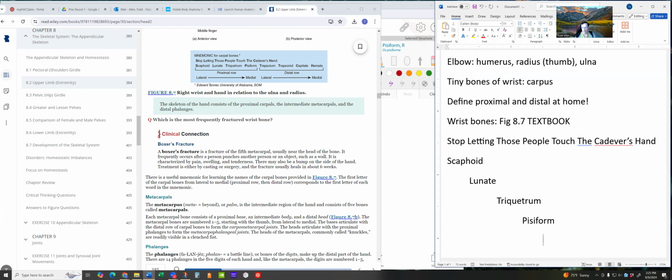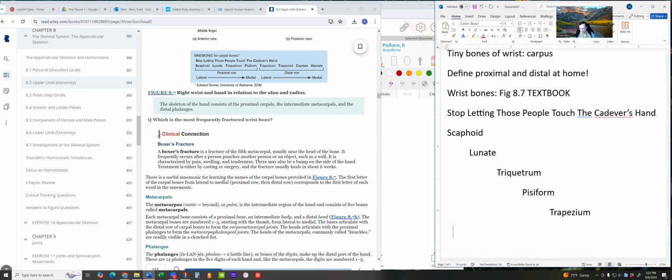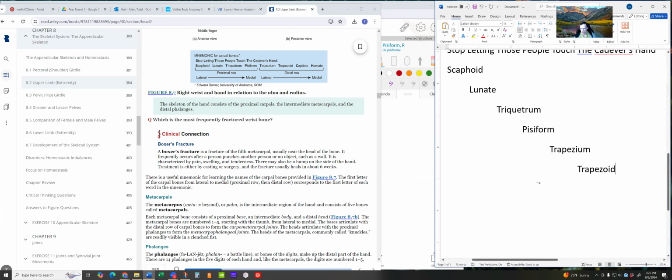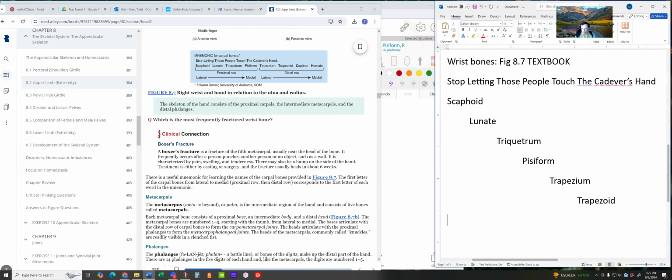Then we have trapezium for touch. Trapezium, then trapezoid underneath that. This is so much easier when I have just a whiteboard in front of you to write, but we'll do the best we can.